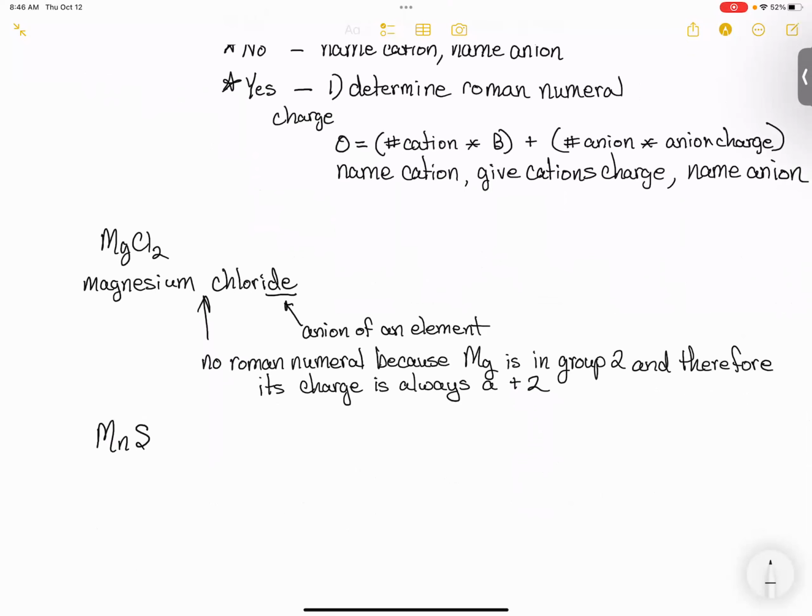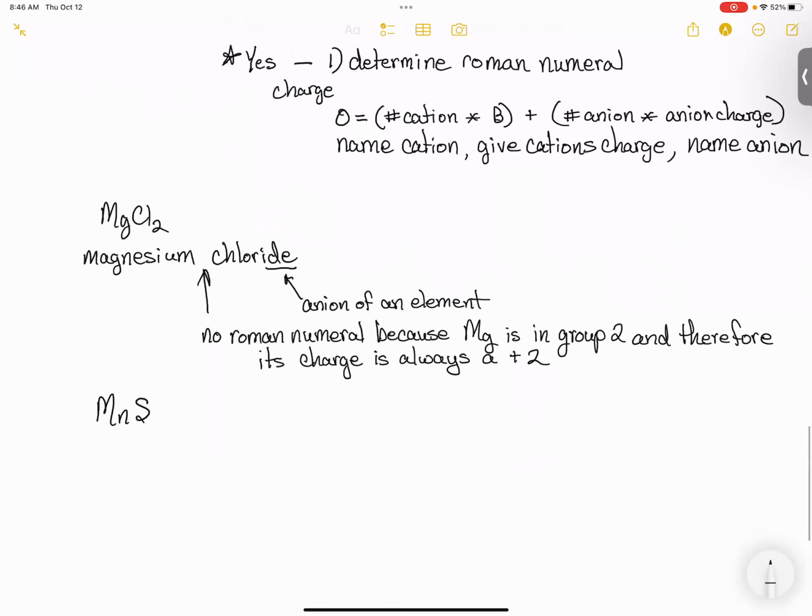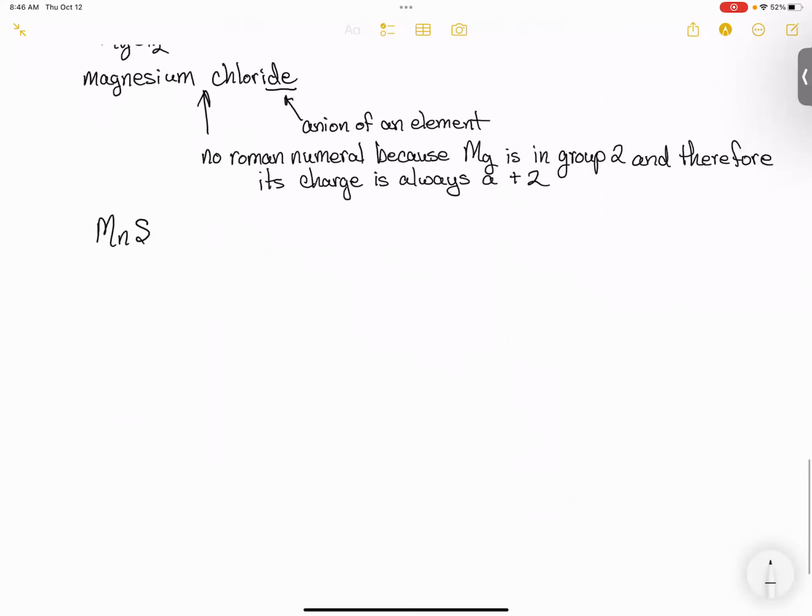Yes. The Roman numeral is required. So this is where I'm going to assign things. I have one manganese whose charge I do not know.